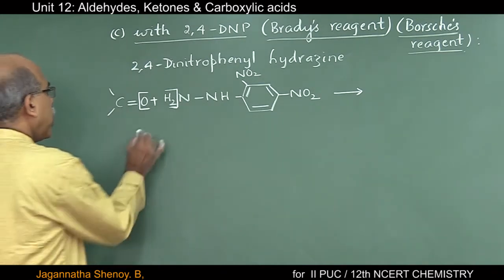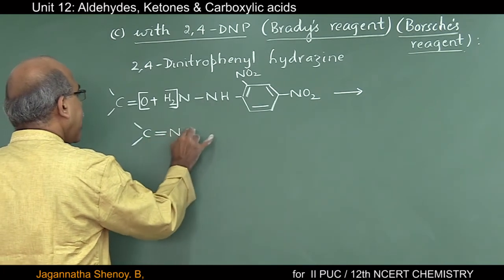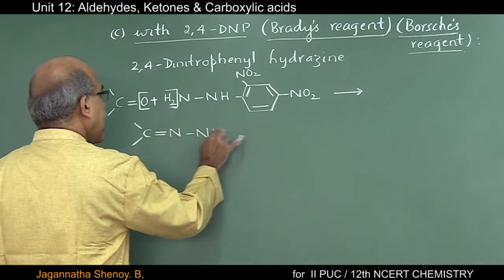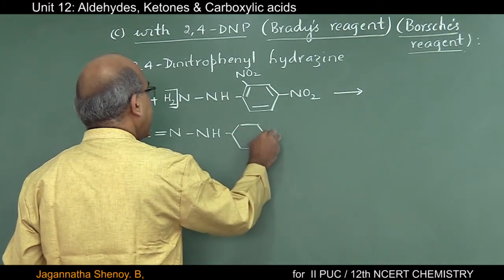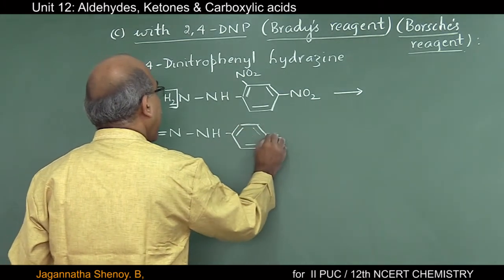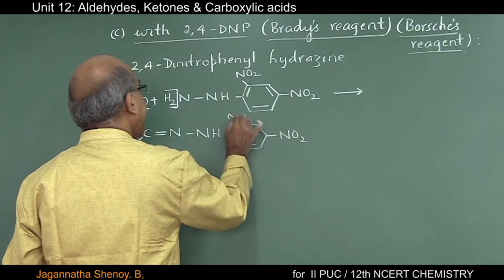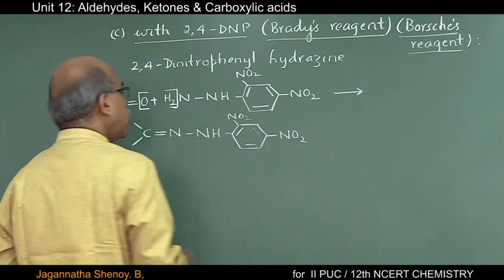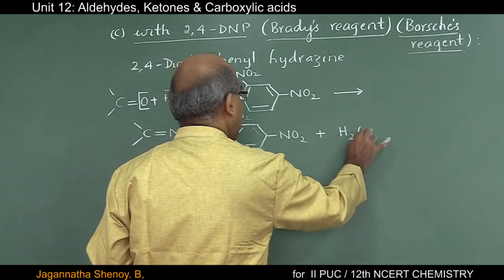So what about the product formed? You have carbon, it's a double bond N, single bond NH. Thereafter I should have a phenyl group this way. And then here you have NO2, and here I should have NO2. Along with that I have to get water.